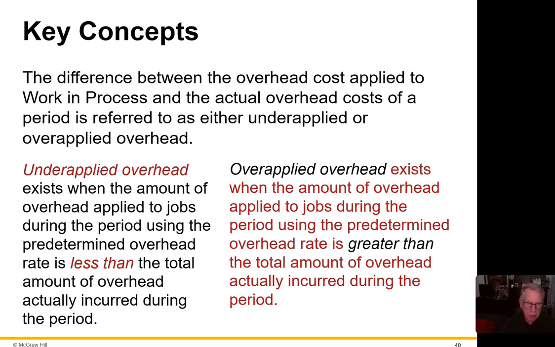And if the predetermined overhead rate gives you an amount that's greater than the total amount actually incurred, then you would have over applied overhead. Pretty easy to understand there.